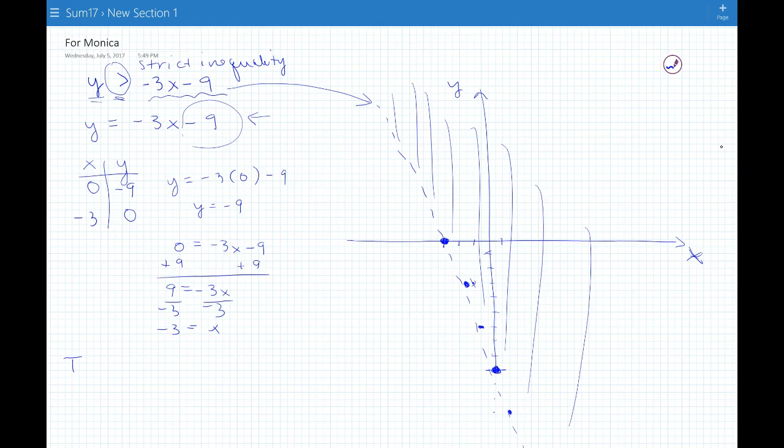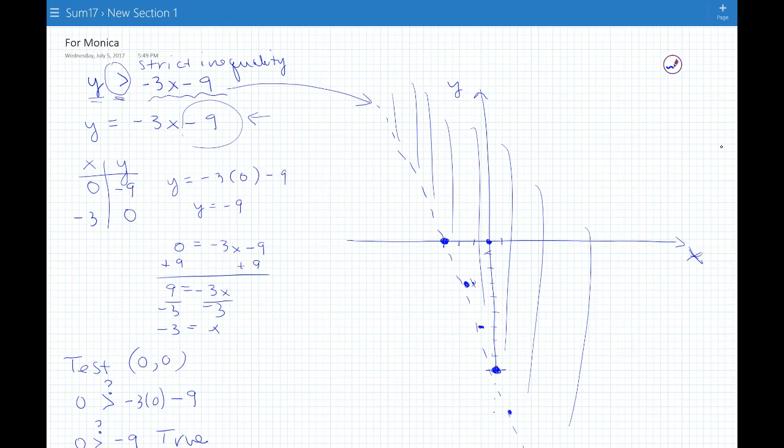Another way to do it is to test the point 0, 0. So you put 0 in for y, and you're asking the question, is that bigger than negative 3 times 0 minus 9? Is 0 bigger than negative 9? And that's true. So you know you need to shade the side where 0, 0 is, because that's on the true side. So one side is true and one side is false.